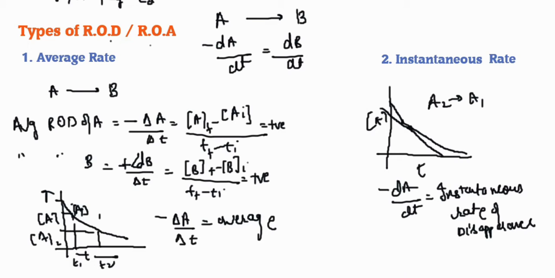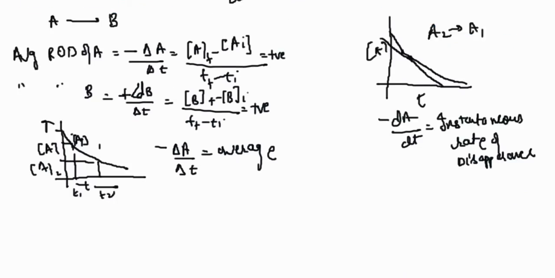Now if we see the rate of the reaction, what is rate of the reaction? If we take an example, 2A plus 3B gives 4C.